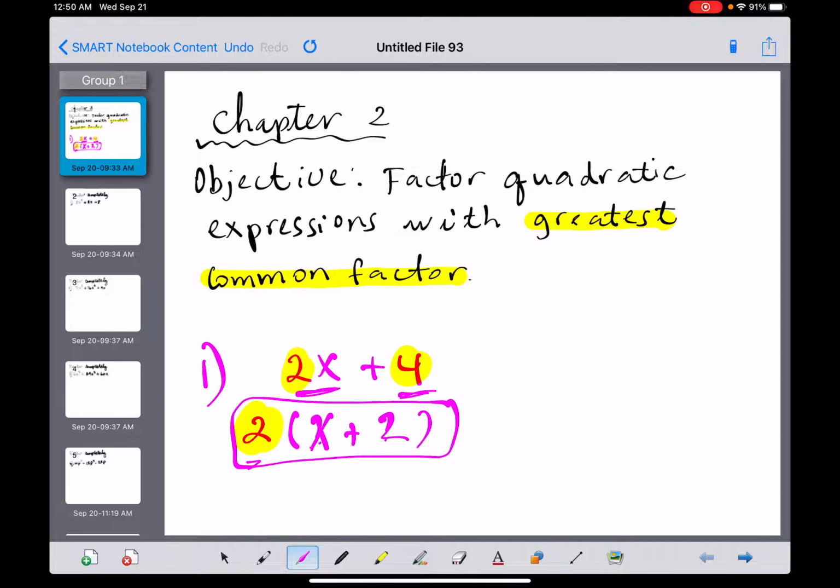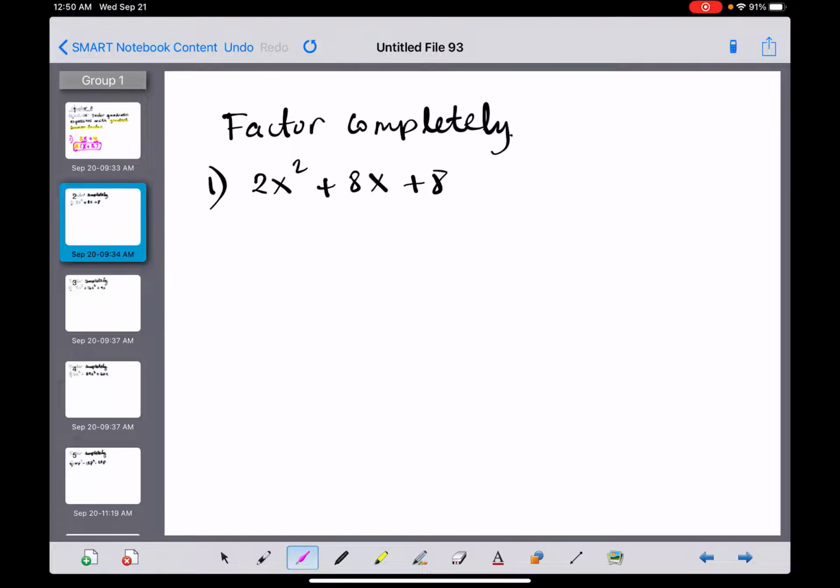Okay, so let's look at number one. So in these problems right here, you can look at two ways. One way is you can factor out the greatest common factor from the beginning, or you factor it out at the end. Either way, it doesn't matter. But factoring out the greatest common factor from the beginning makes the problems easier. Okay, so let's look at this. You see 2, 8, and 8.